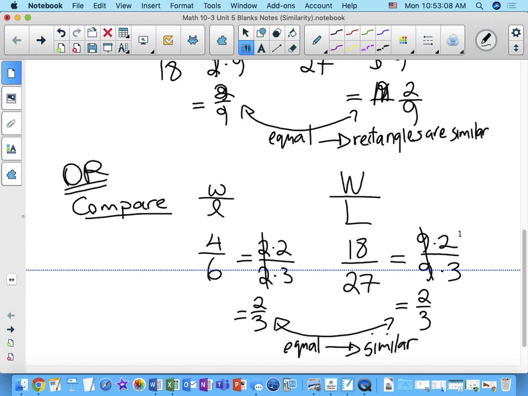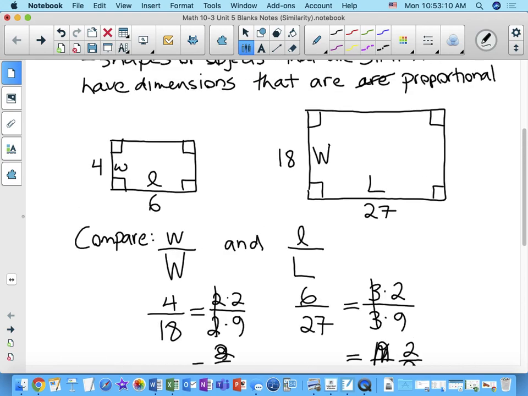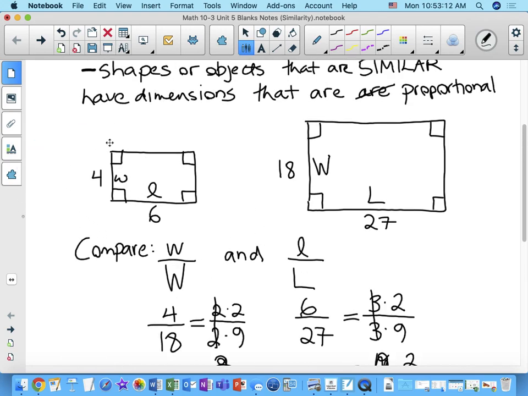So this is kind of tricky, but some of you might get it. If this was your original, the small one was your original, and the big one was your scaled version, does anyone know how to figure out what the scale factor here would be?